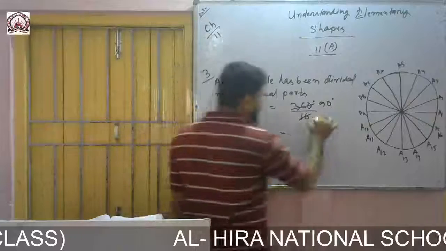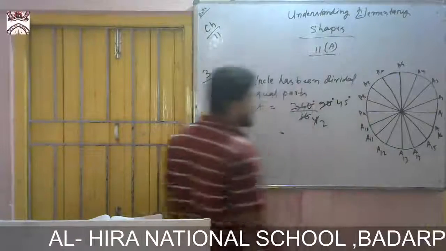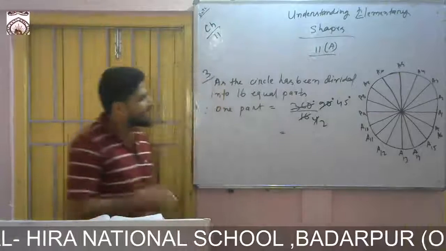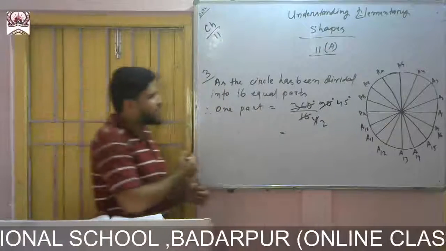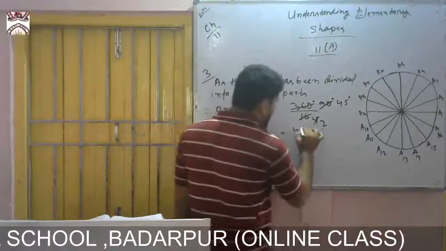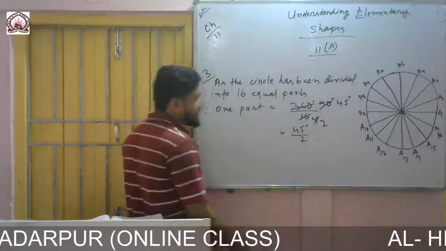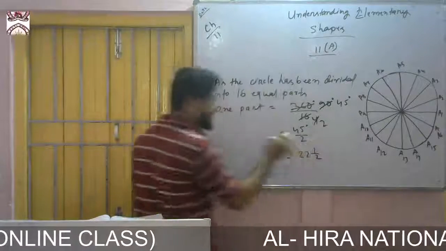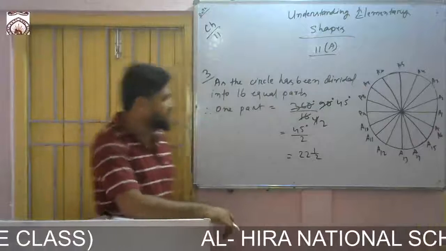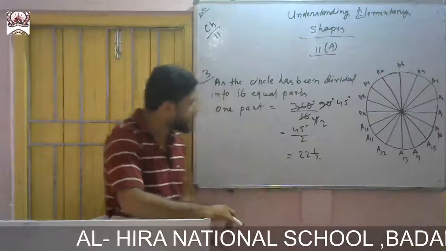Again I can divide: 2 twos are 4, 2 forty-fives are 90 degrees. That means 45 by 2 degrees. I can write this as 22 1 by 2 degrees in mixed fraction form. How? 22 twos are 44.